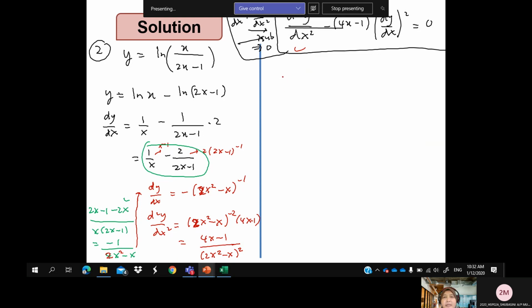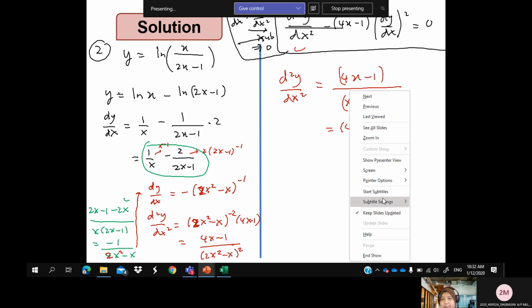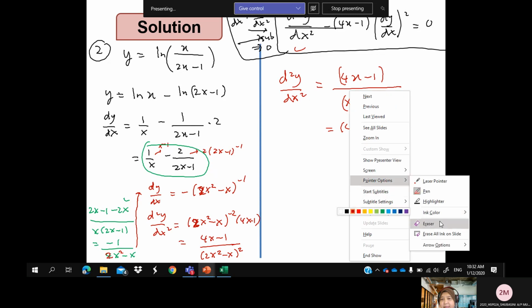Okay, so now d2y dx squared. Let me try to rewrite. It looks okay. This one, factorize x, 2x minus 1 squared. If you check this, I bring it to one side.